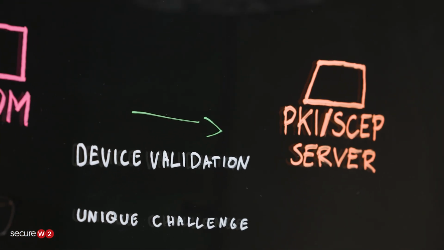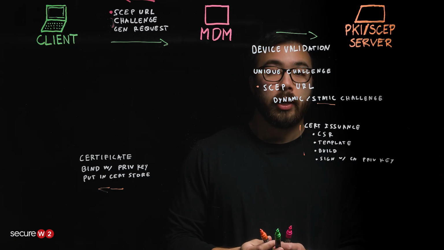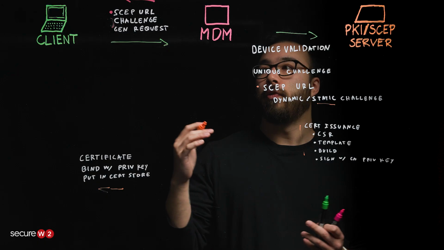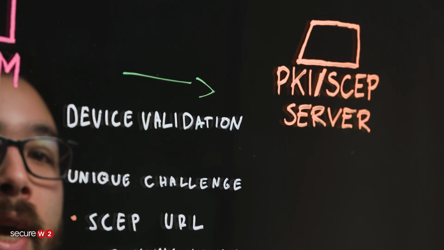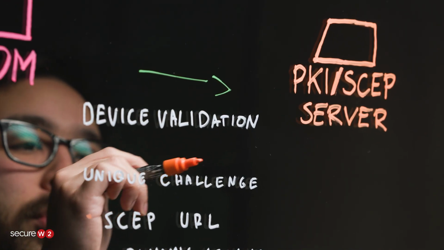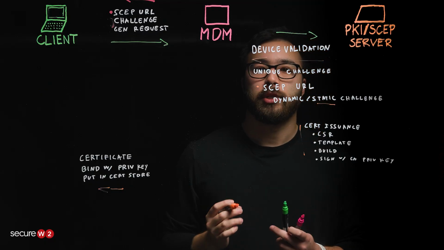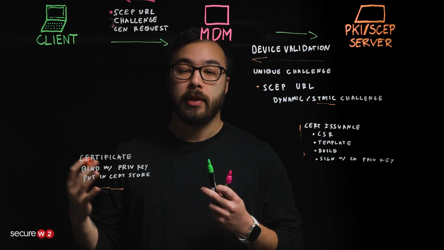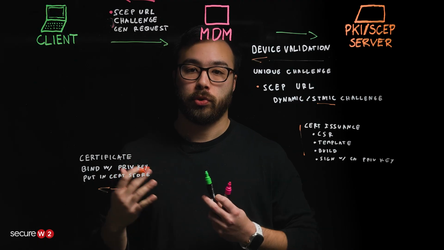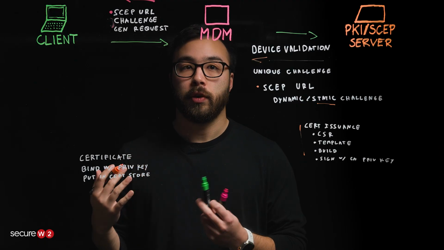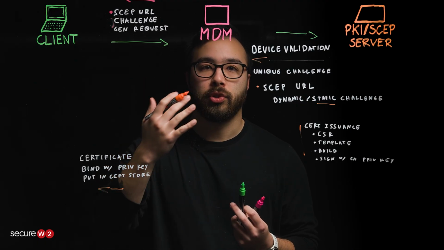What the PKI is going to do is say, okay, before I actually create that unique challenge, I'm first going to need to validate the device. And so it asks the MDM, hey, can you validate that the device that's actually requesting the certificate should get the certificate? Can you say, like, hey, the serial number exists?